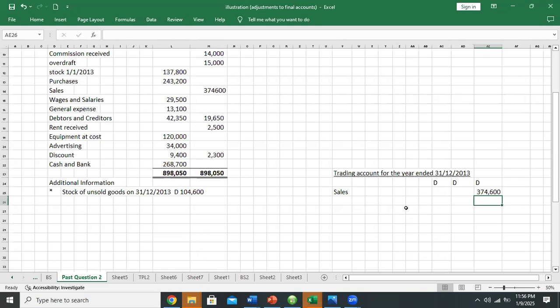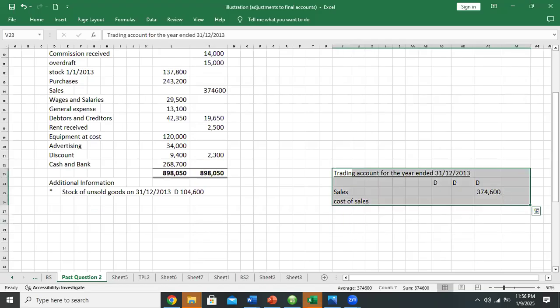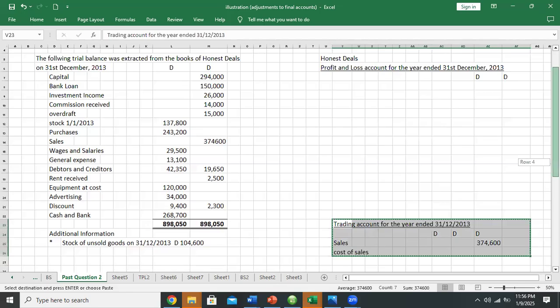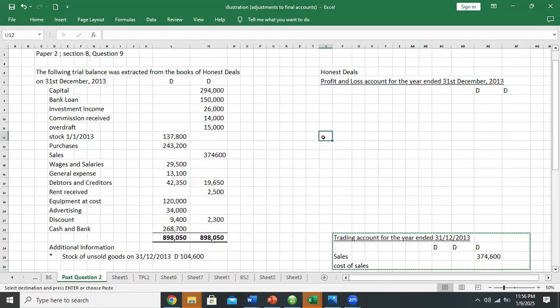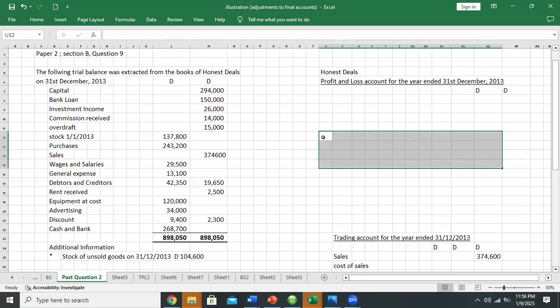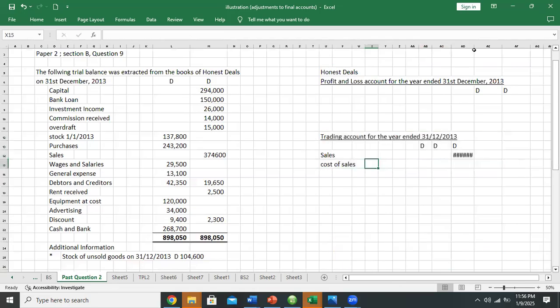Okay. So we continue to find our cost of sales. Let me push this up a bit so that we can have the question in full view. So after your sales, you move on to cost of sales, right?